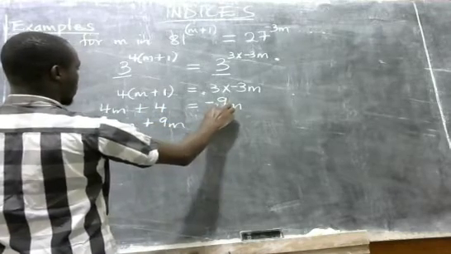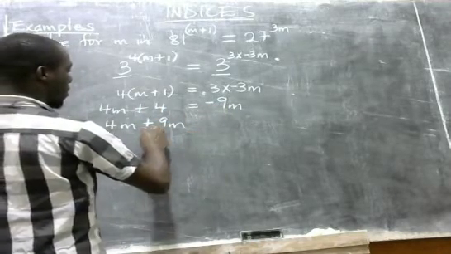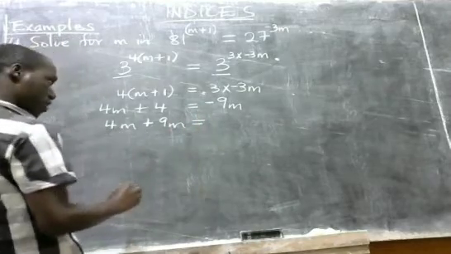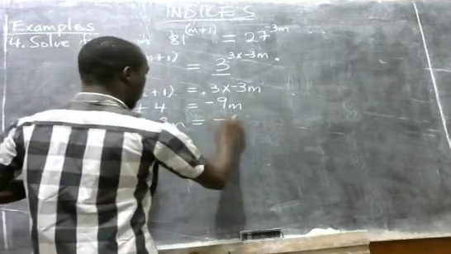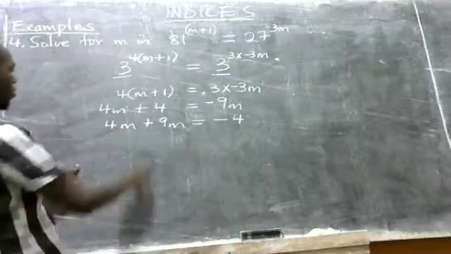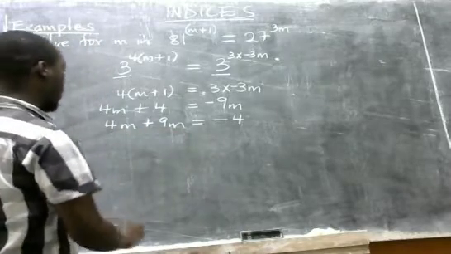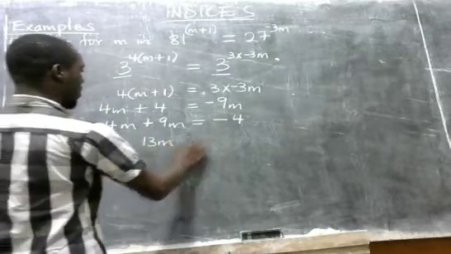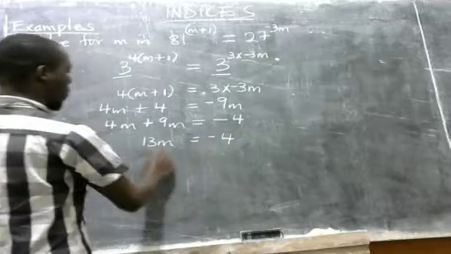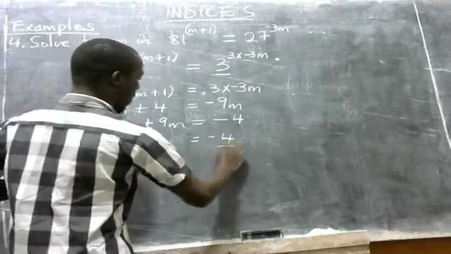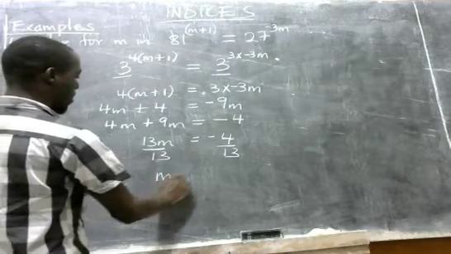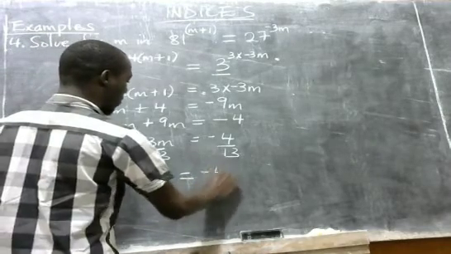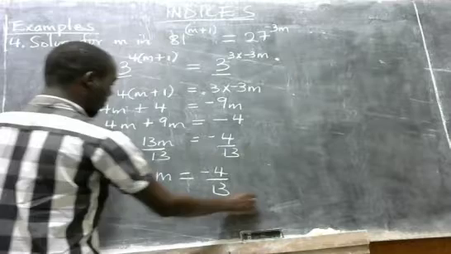It has been negative this side, crossing the equal sign gains the sign of positive. Then the 4 becomes a negative. So when I add here, I'm getting 13m is equal to negative 4. When I divide both sides by 13, I finally get my value of m as negative 4 all over 13.